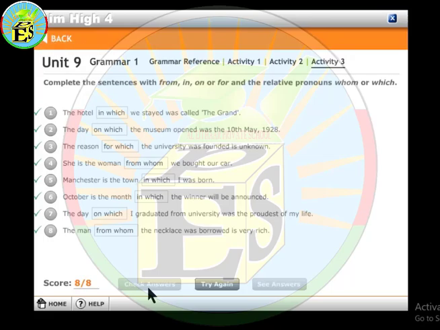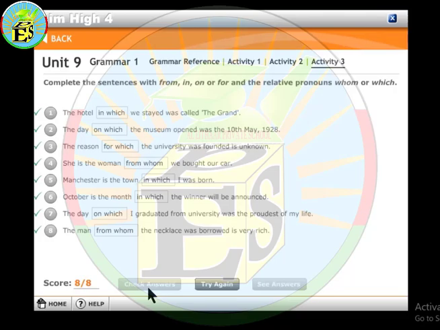If you want to use an object pronoun that refers to a person, use who. I wish you understood the relative pronoun and you have enjoyed our lesson.